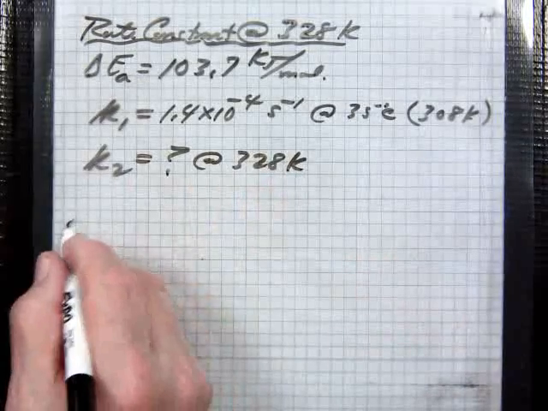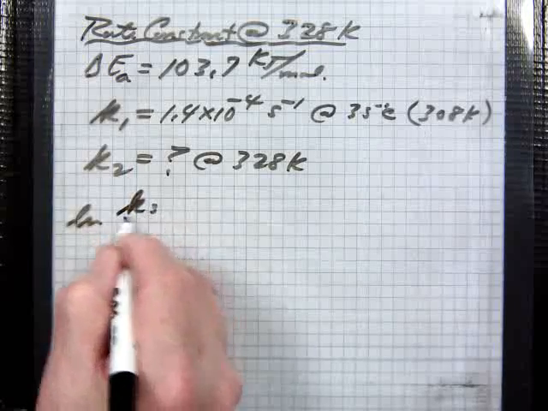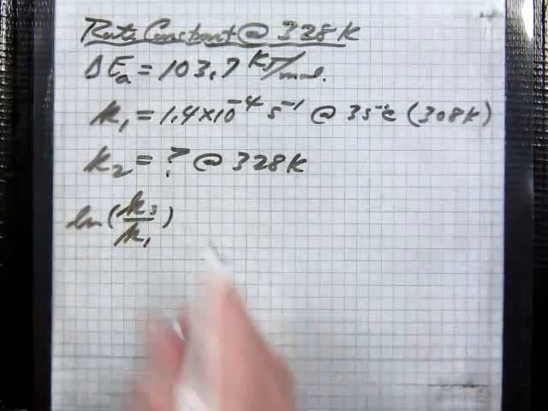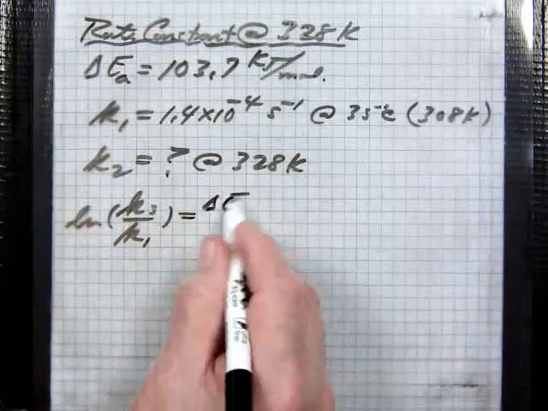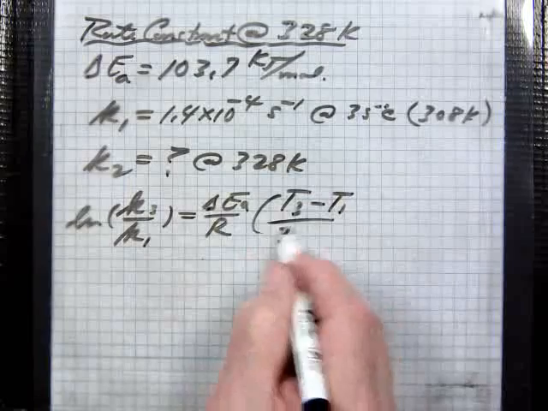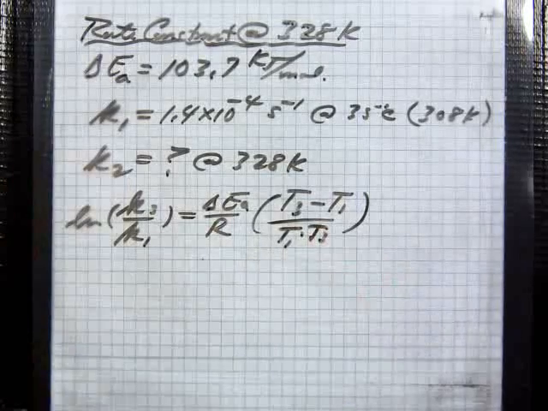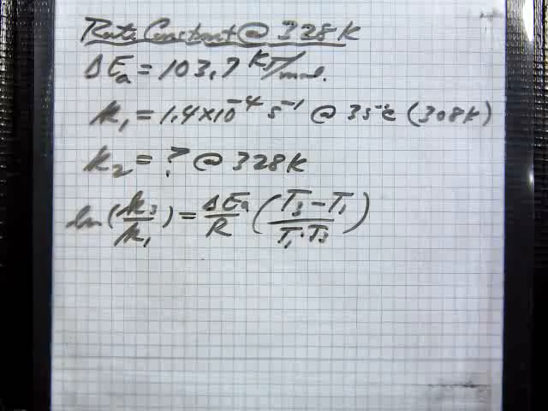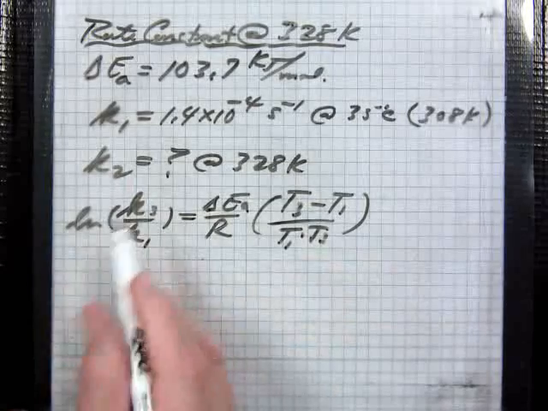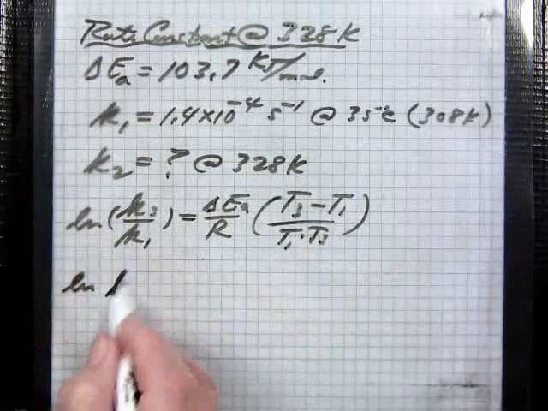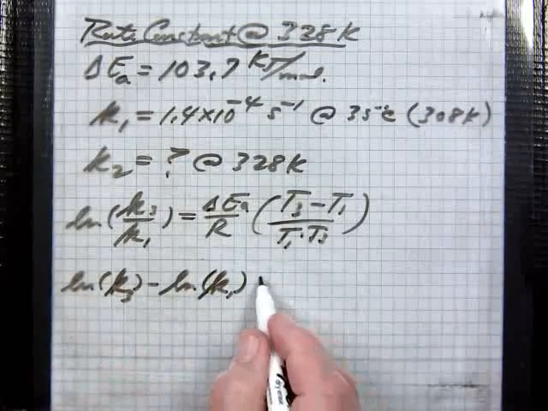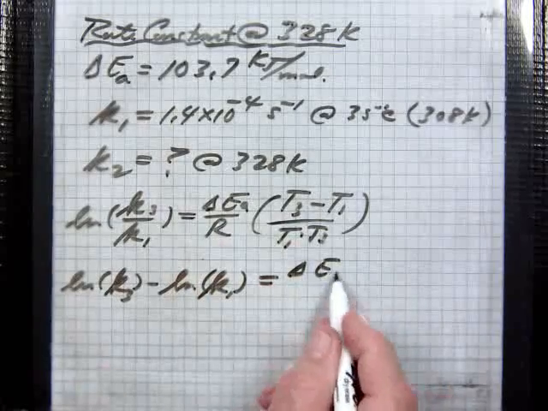So we'll start with the ln of K3 this time over K1. You could use K2 as easily. And EA over R again. And then it'd be T3 minus T1 over T1 times T3. So you get used to working with the equation. When we look at logarithmic ratios, this is actually ln of K3 minus ln of K1, and equals all of this stuff on the right.